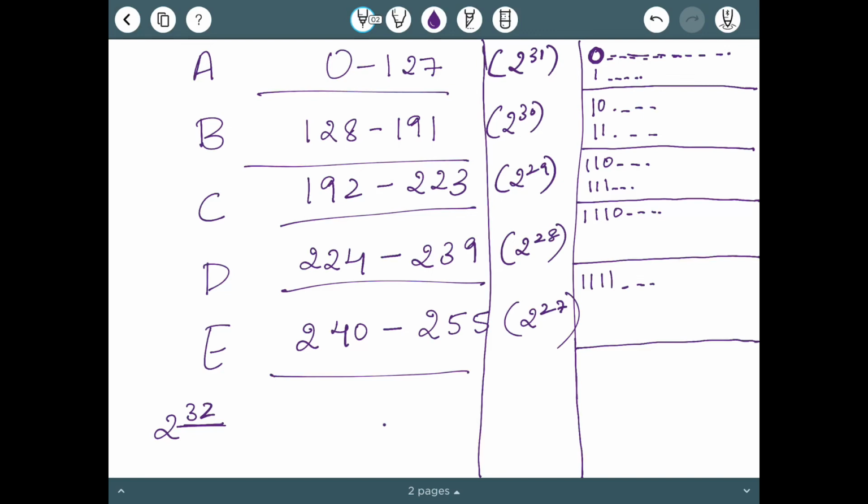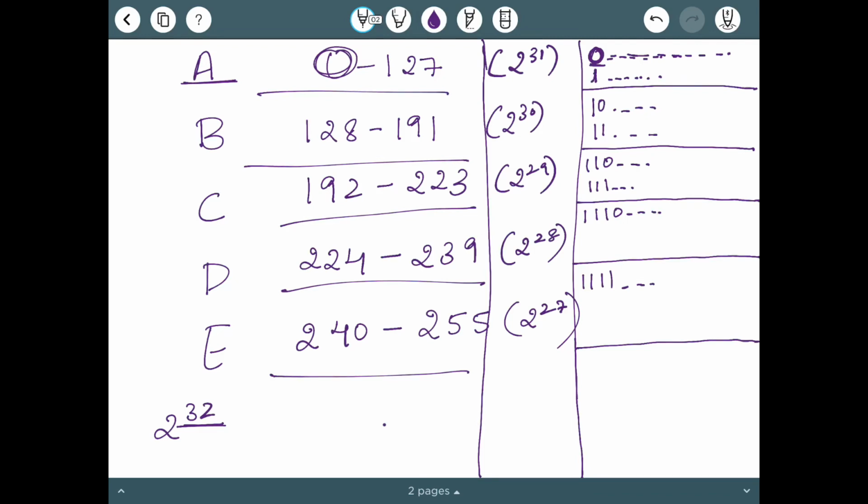So 0 is reserved here, and whenever an address starts with 0, you can identify that the IP address belongs to class A. So 0 to 127 is reserved for class A.